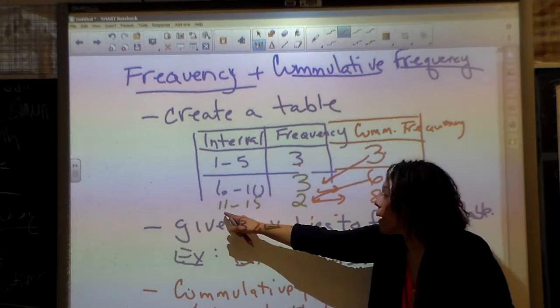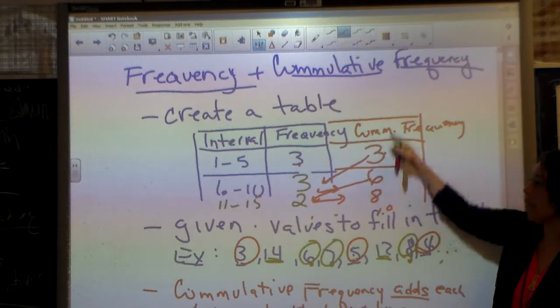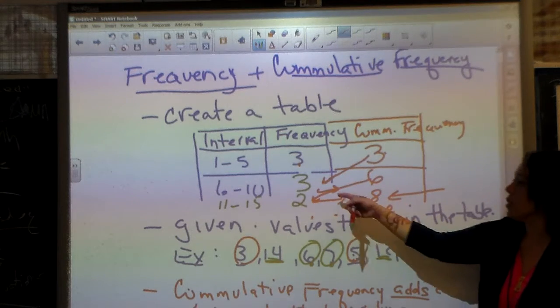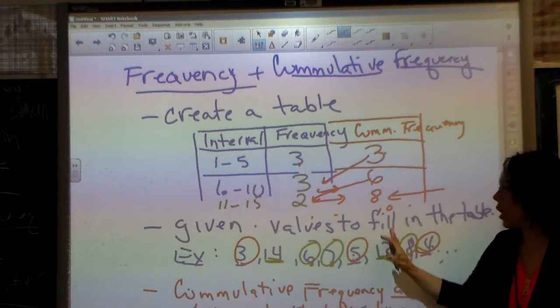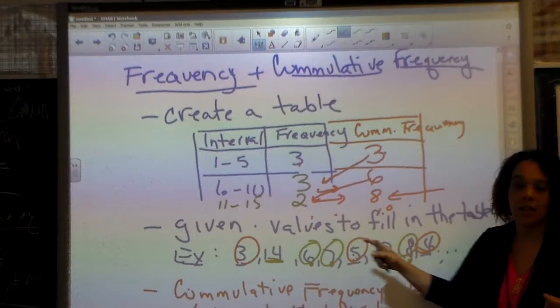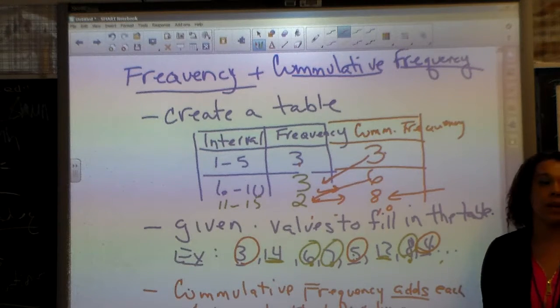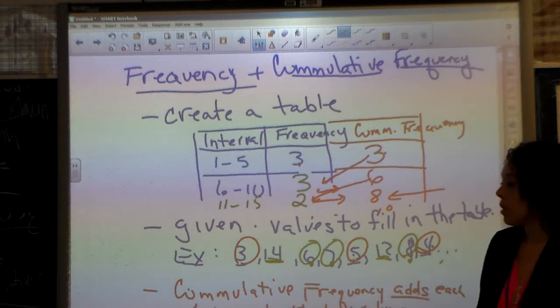So now my cumulative frequency in the group 11 through 15 and less is 8, because it includes the 2, the 3, and the 3. The reason we make a whole new column is because you can easily see how many above or how many below the total group, keeping a running total. That's what cumulative frequency is.